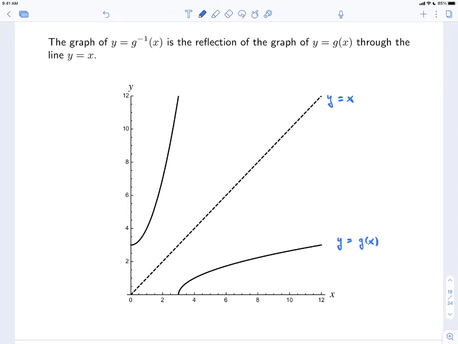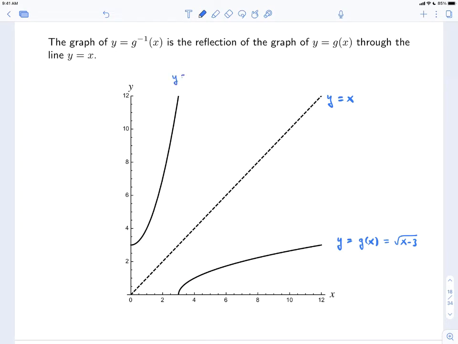Remember that g at x is the square root of x minus 3. So it's the square root function shifted over by 3 units. That's just the top half of a parabola which is opening up to the right. Now if you reflect that through the line y equals x, you're going to get just one half of a parabola opening up, and that's what you get here.